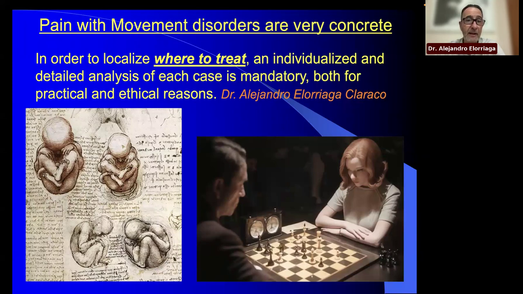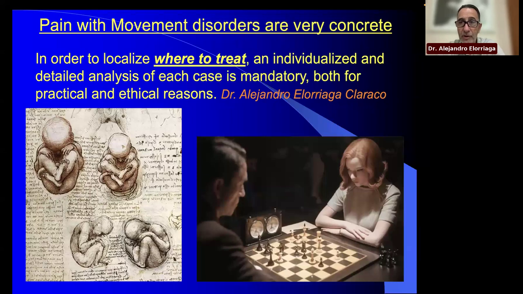And that in order to localize the best places to treat with the needle, with the hand, with whatever, you need a detailed analysis, case by case, for both practical and ethical reasons.